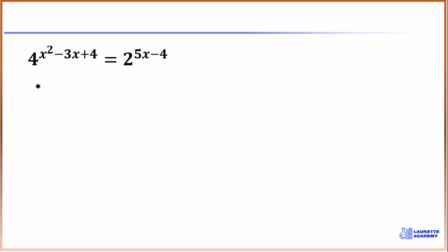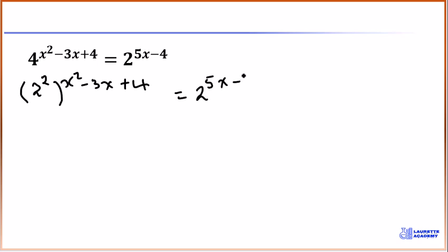So we can write that 2 squared, all of that raised to the power x squared minus 3x plus 4 is equal to 2 to the power 5x minus 4.